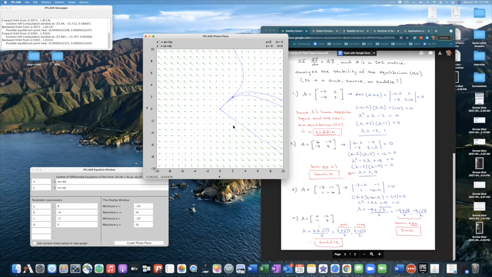And if we do this other one, it looks like there's another one that goes over 10 and down 8. There's some eigenline with a negative slope. If we do a bunch of these, you can see for sure we are pointing away in that direction and away in that direction. So all the arrows are emanating out from the origin. So we have a source.